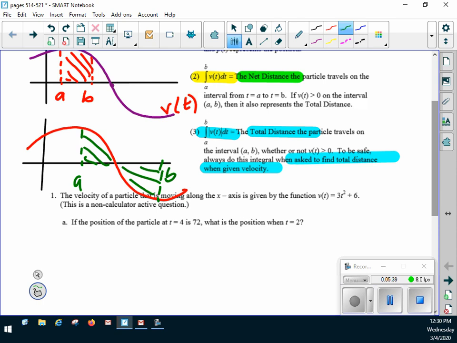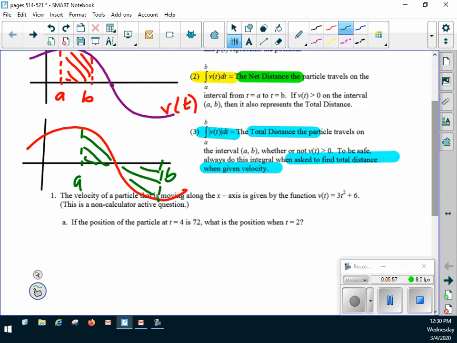If I just integrate from a to b, that's going to be net distance. Because some of that's going to offset, right? Some of it's positive, some of it's negative. So if you add those together, some of that's going to cancel out. Now, I don't know if that's exactly 0, but that's your net distance.